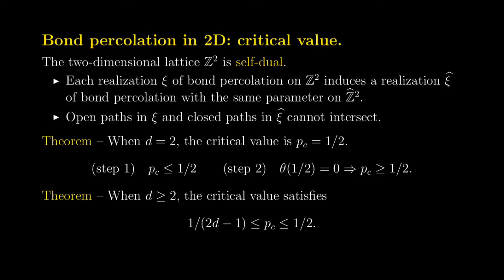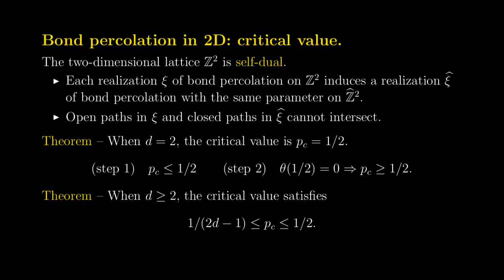And from that, we were able to construct a coupling of 2 bond percolation processes that are characterized by a few important properties that also we need to keep in mind. So first, those 2 bond percolation processes have the same parameter, but are not defined on the same graph. What I'm going to call Xi is bond percolation defined on the original 2-dimensional lattice, while the other process Xi hat is defined on the dual of the 2-dimensional lattice.